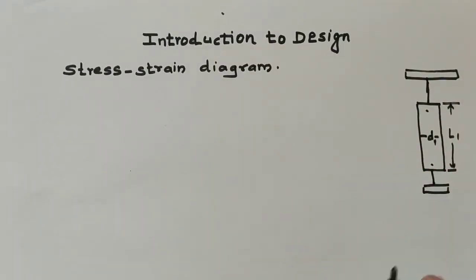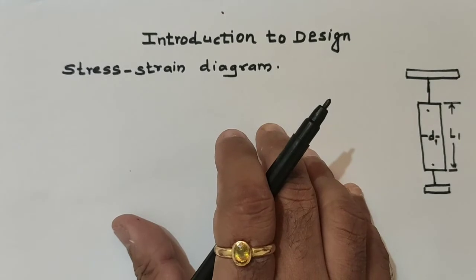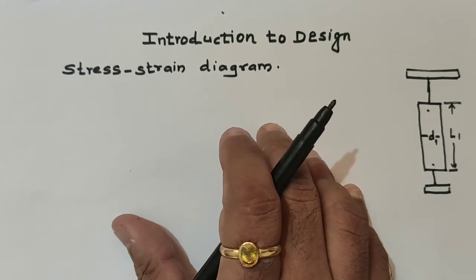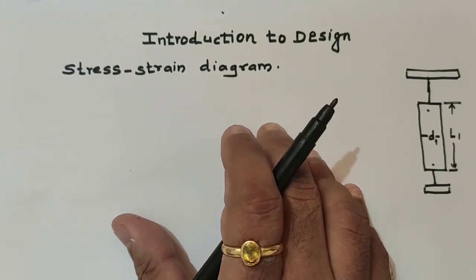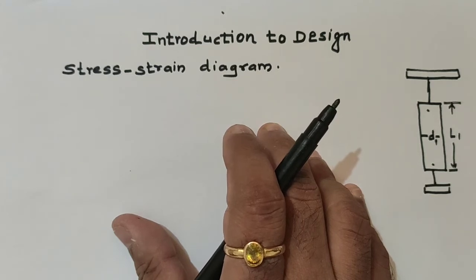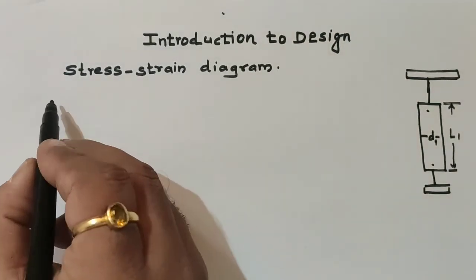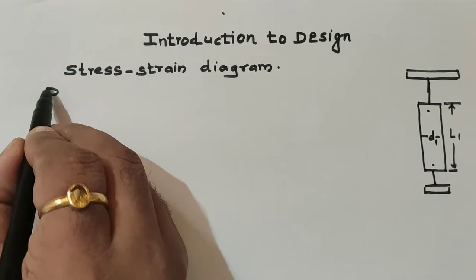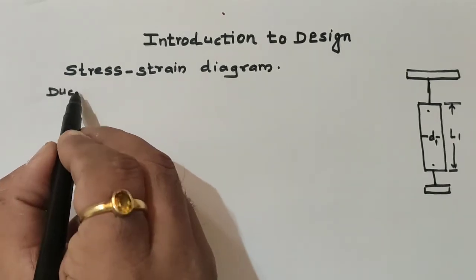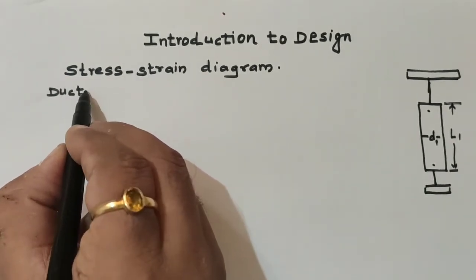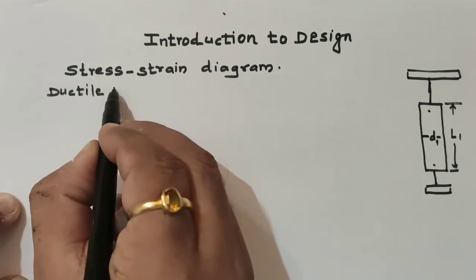Okay, so let us try to draw the pattern of the stress strain diagram for the first, ductile material. Before starting this stress strain diagram, we should know what a ductile material is. A ductile material means a material which can be drawn into a thin wire when it is loaded.